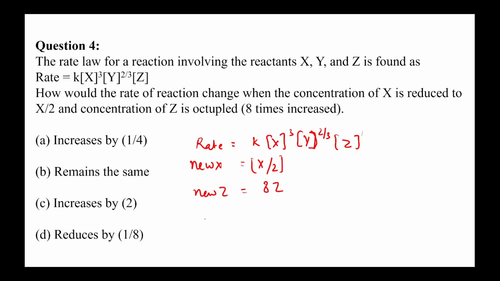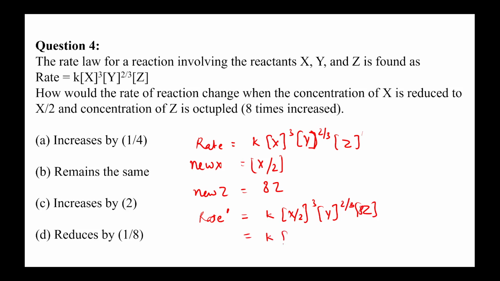So now what would be the new rate equation? I'll write it as rate dash. The new rate equation will be K, x by 2 cube, multiply y. There's no change in y, so we'll write the y as it is, and z becomes 8z. Okay. So this is the new rate equation.